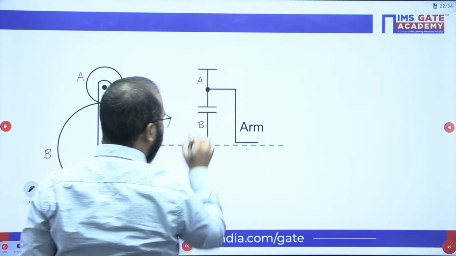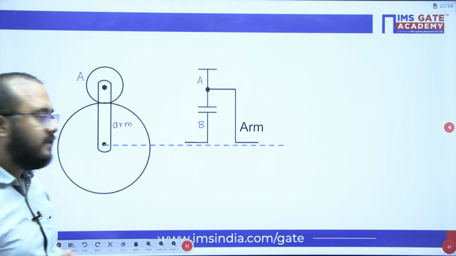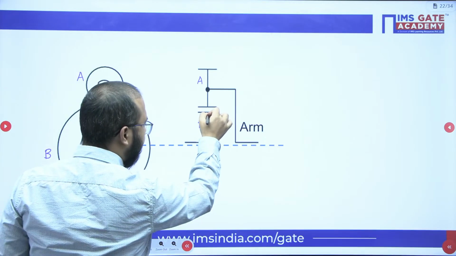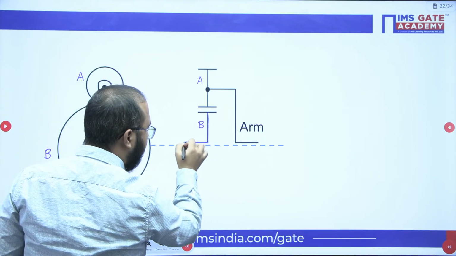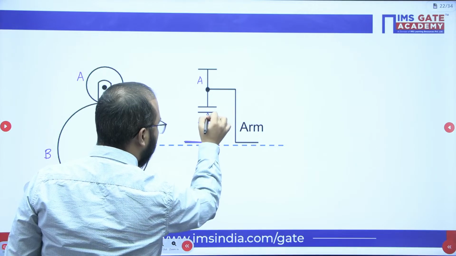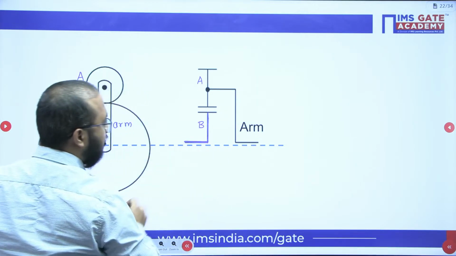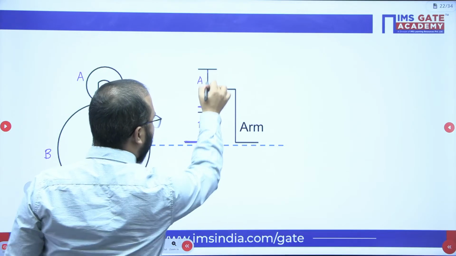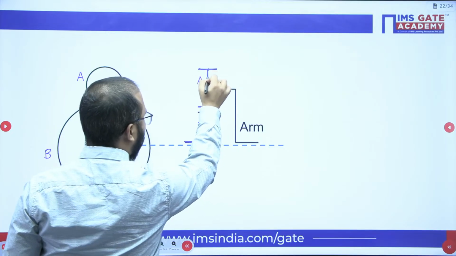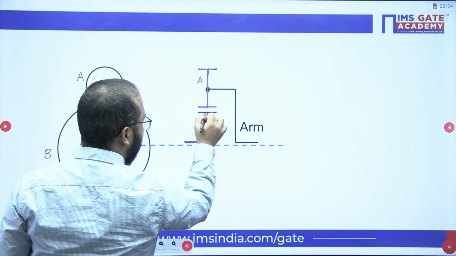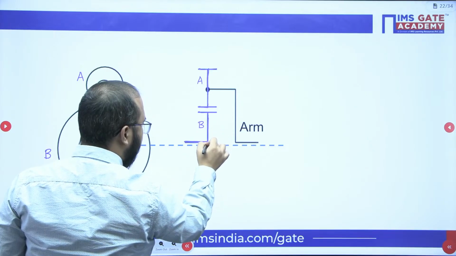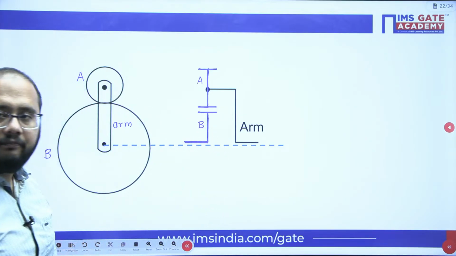You will find that gear B is drawn on a half basis, so whenever gears are drawn on a half basis, they draw the line like this. But gear A is represented on a full basis. Complete gear A is represented, but gear B is represented on a half basis, right?